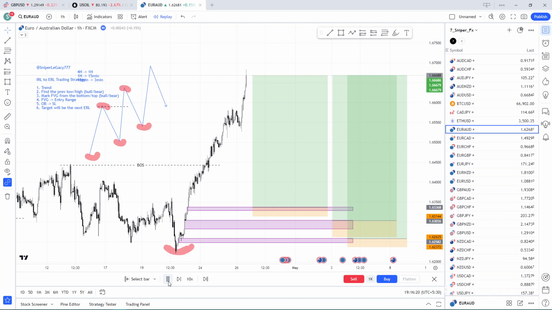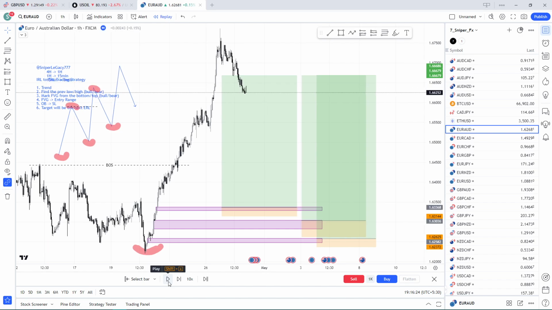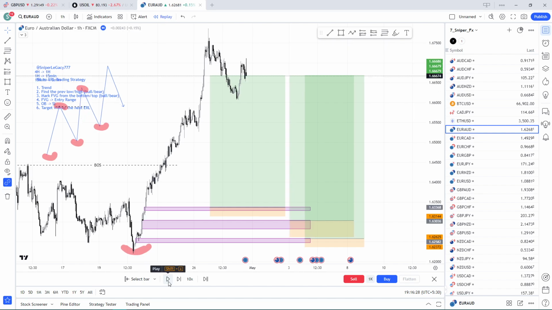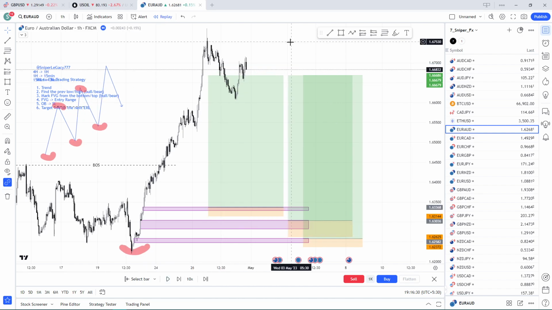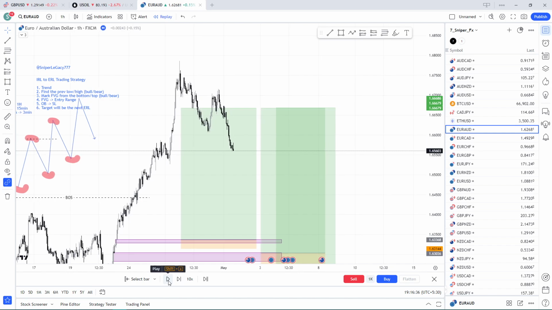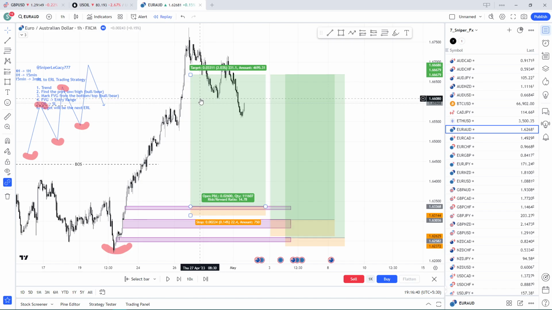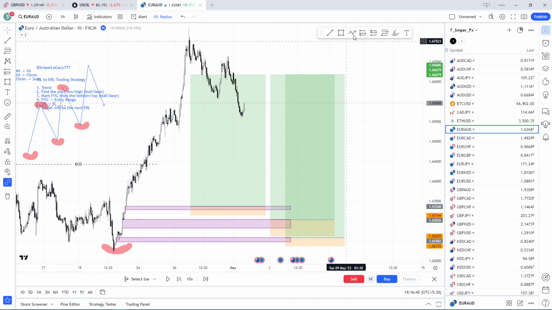So I will just start playing the content. Okay, it is coming down. Okay, I think, guys, if we break this, right, so this will be our potential low. Okay, see here we have a CHOCH, here we have a BOS.